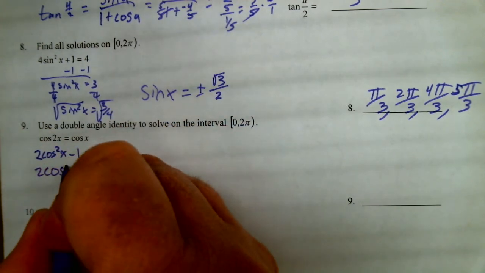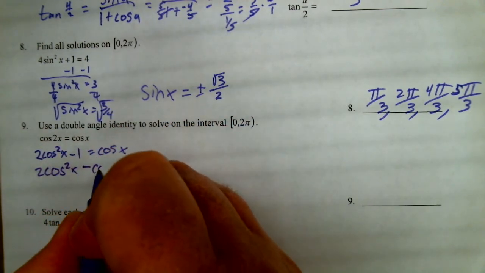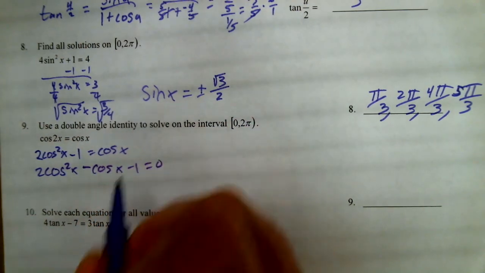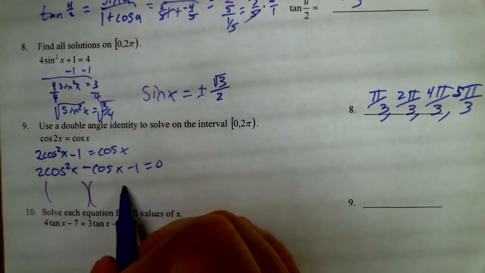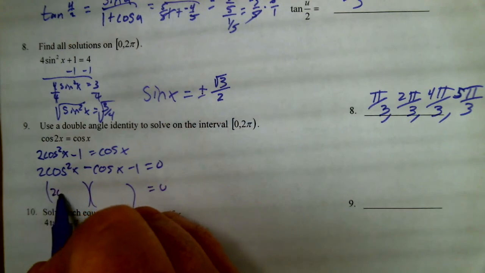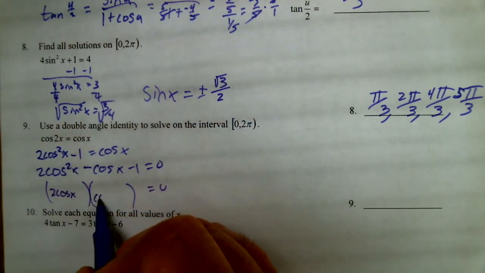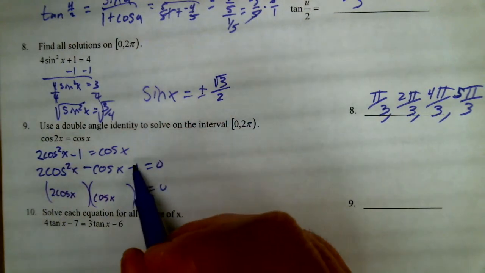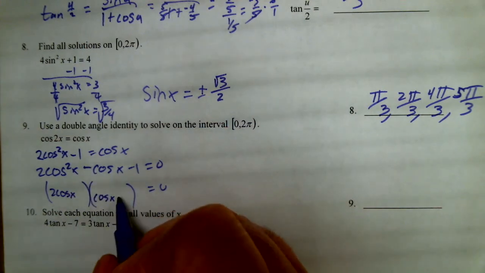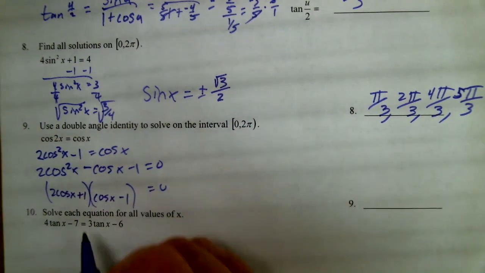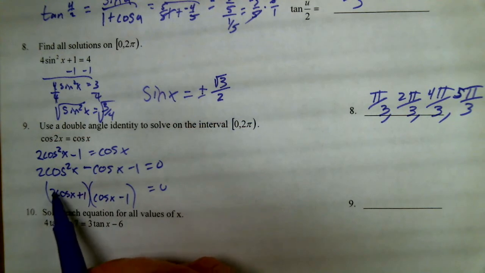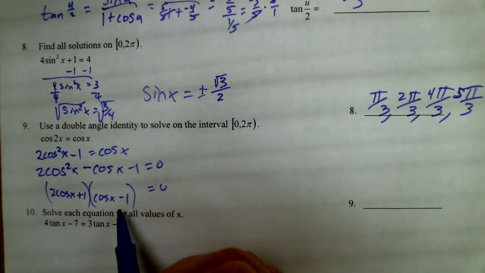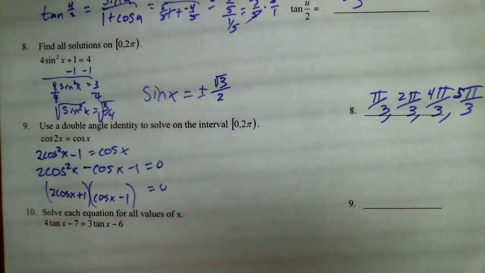Rewriting that, I get 2 cosine squared minus the cosine x minus 1 equals 0. Factor it. I get 2 cosine and the cosine. And because I want it to be a negative cosine in the middle, I'm going to go with a negative 1 there and a plus there. If I check it, I get outside outside gives me negative 2 cosine, inside inside gives me positive 1. That adds up to negative 1.